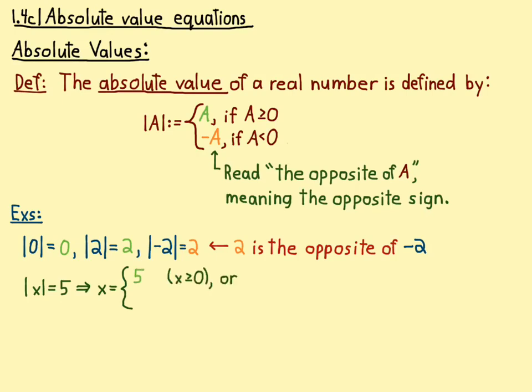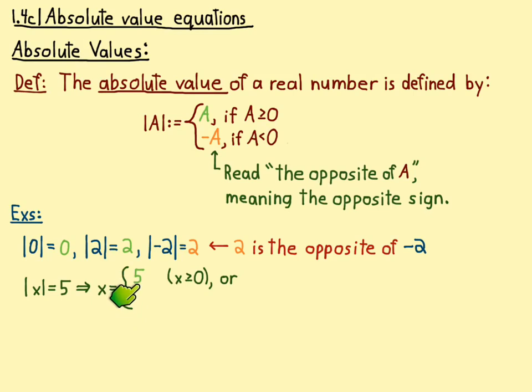So absolute value of x equals 5. This is the simplest possible absolute value equation you could have. It's just like above, but I replaced A with x.